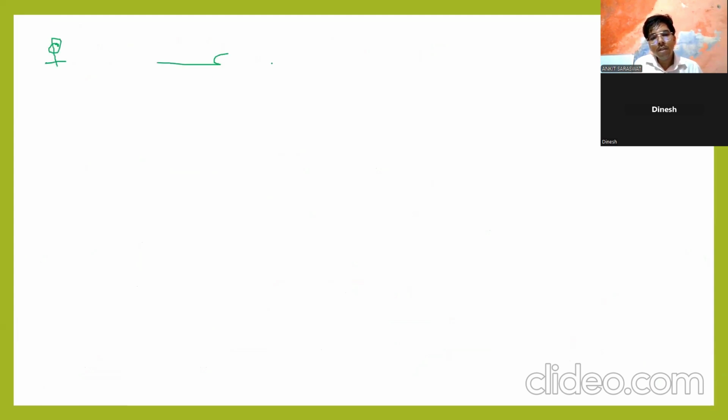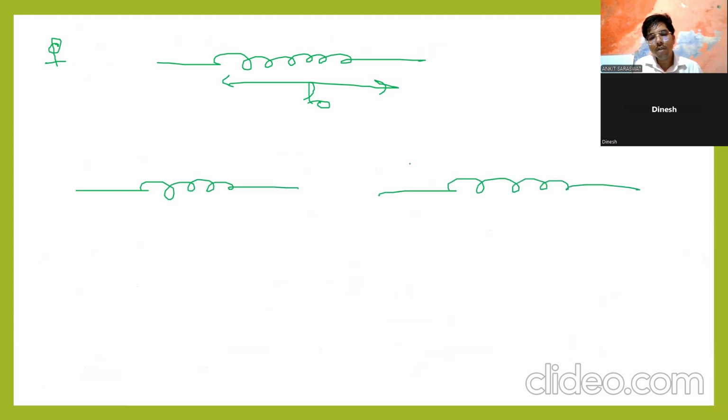You have a spring of length L naught, and you are breaking this spring into 1:2 parts. Then what is the value of spring constant here?